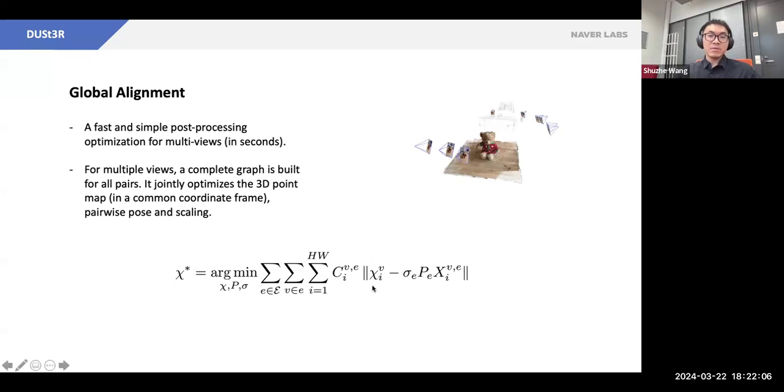If we wish to extract the camera parameters, for example the intrinsics and camera pose, together with the depth map, we can replace chi here with the projection function from intrinsics, extrinsics, and the depth map. So together we optimize 5 parameters to get the final 3D point map in the common space.